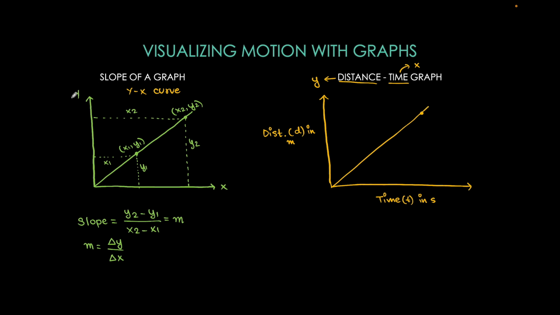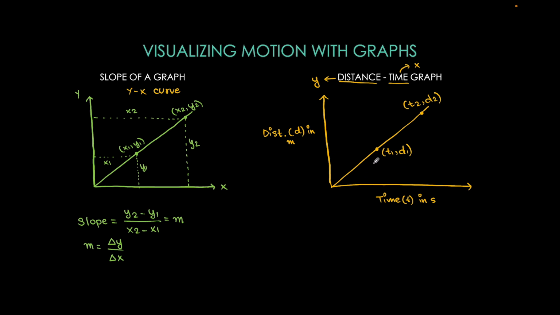This time, in the first example, we have seen that we have taken the y-x axes, right? Now we have changed the name of the axes to distance and time. So obviously this point can be named as t2 comma d2 and this point can be named as t1 comma d1, right?